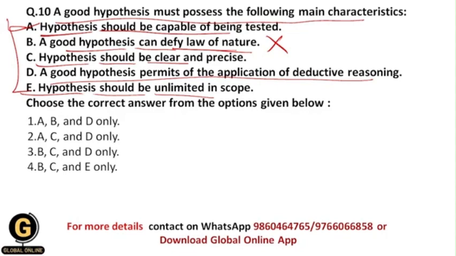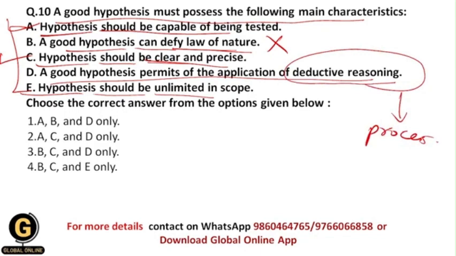All of you getting it? And hypothesis should be clear and precise. Yes, this is again a main characteristic of a good hypothesis, because hypothesis should have clarity so that we can easily test it. Then hypothesis permits the application of deductive reasoning. Deductive reasoning is an approach of research.